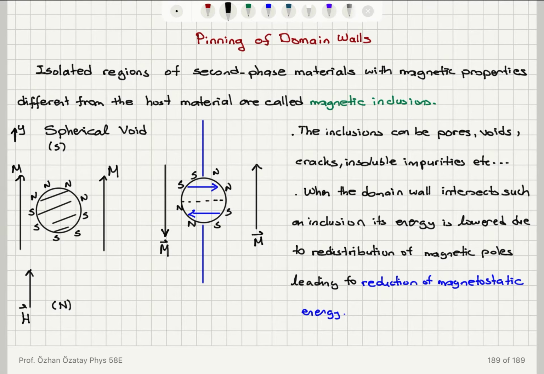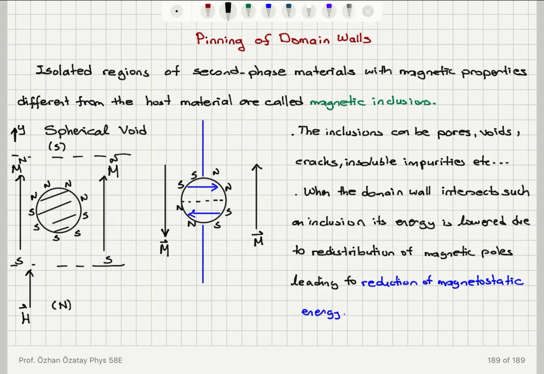That will cause the material to magnetize, so this is outside the material, this will recall the south poles on this side and north poles on that side, so that the magnetic material will be magnetized like this. So I have a collection of south poles and north poles like that.